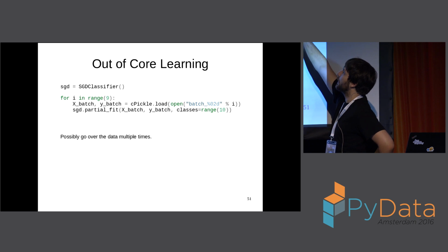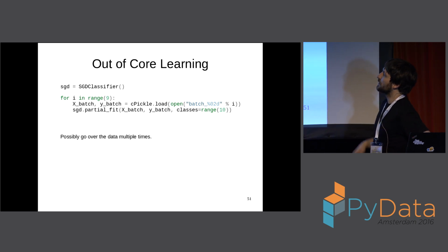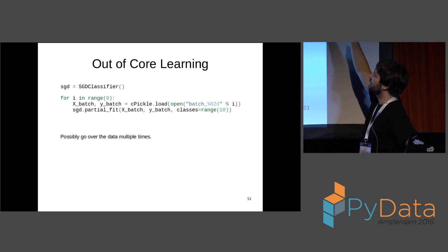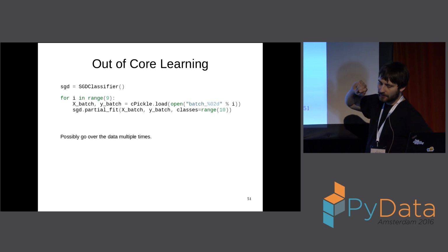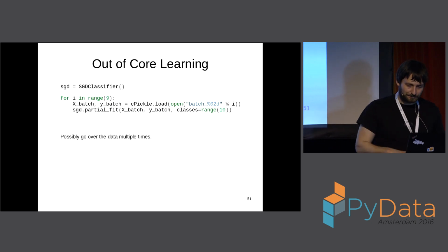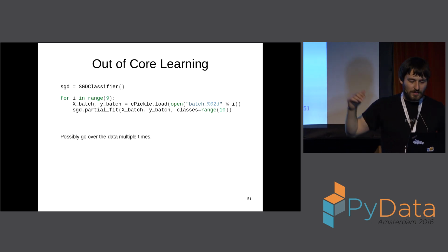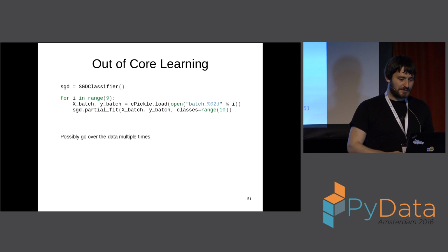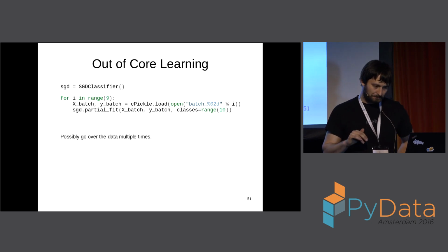I also need to specify what the classes are so the model can allocate the right coefficients. So here this is like the digits data set, and I have 10 classes from 0 to 9. I iterate over the first 9 batches, and then I can evaluate on the 10th, for example.